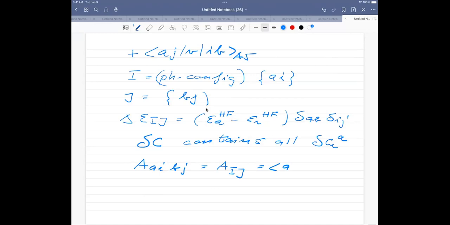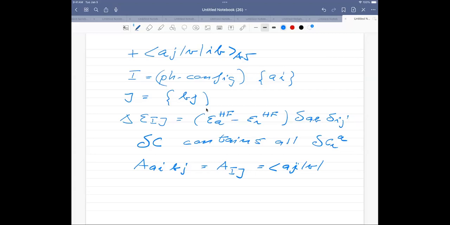I'm going to couple that one with the matrix element which we had.